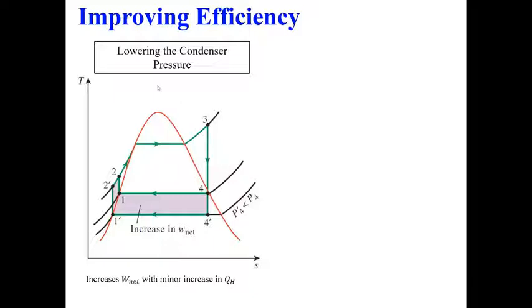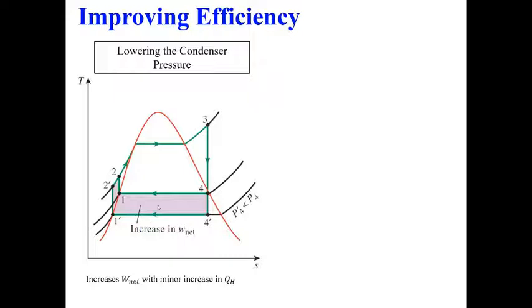So one method is lowering the condenser pressure. In this TS plot, 1, 2, 3, 4 is the normal cycle without any change, the ideal Rankine cycle that we talked about. Now if we lower the pressure in the condenser, what will happen? This will shift down.